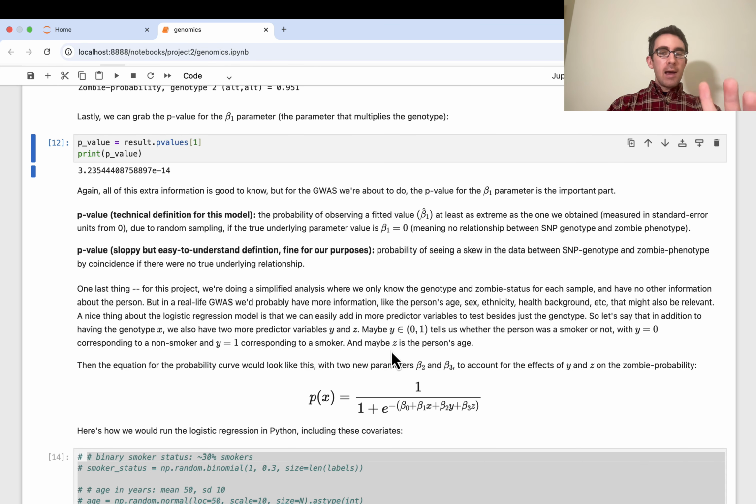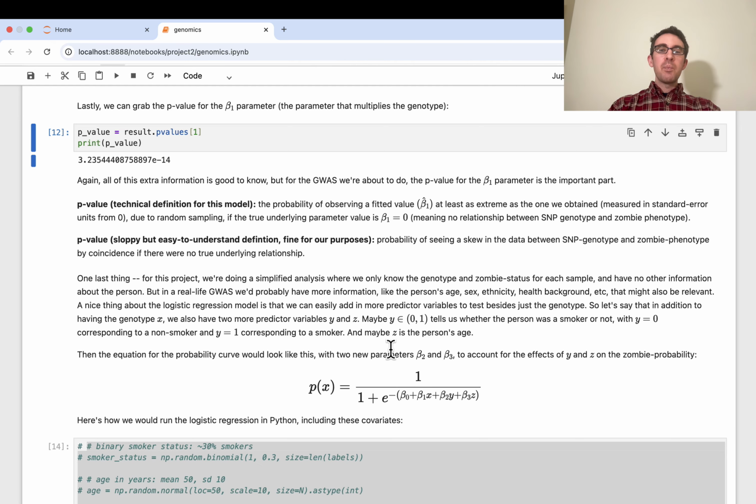But one final last thing to note is that for this project, we're doing a simplified analysis where for each sample, we only know the label of whether they were a zombie or not, and the genotype for each SNP. We only know the genotype and the zombie status, or the phenotype. I purposely made this a simplified data set to make it easy on us.